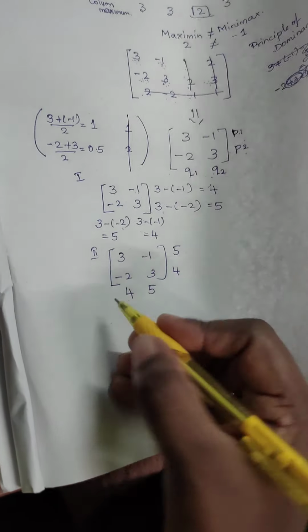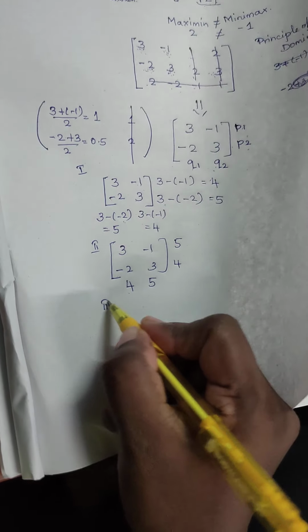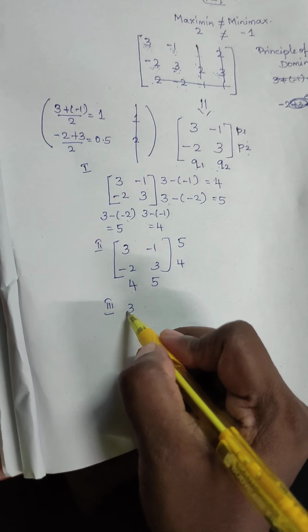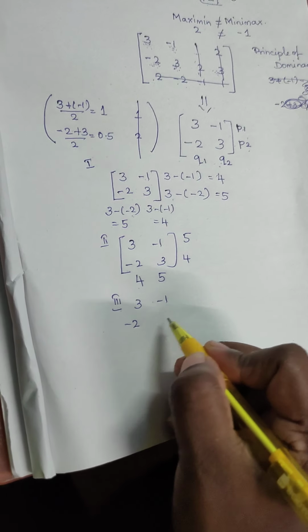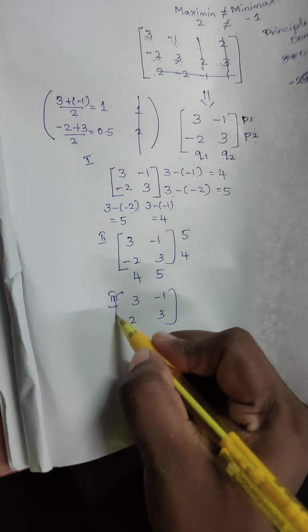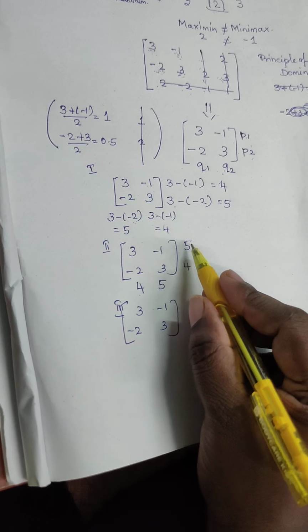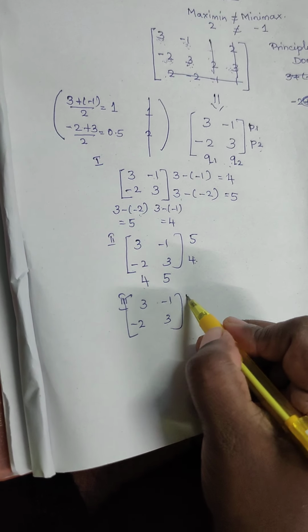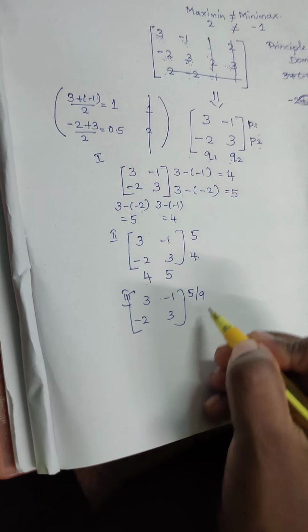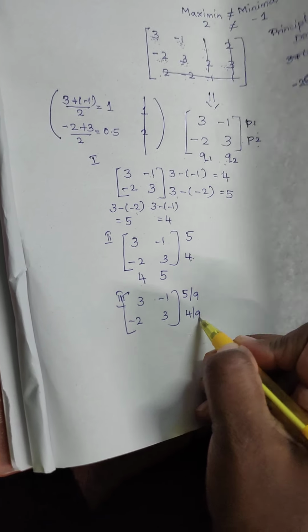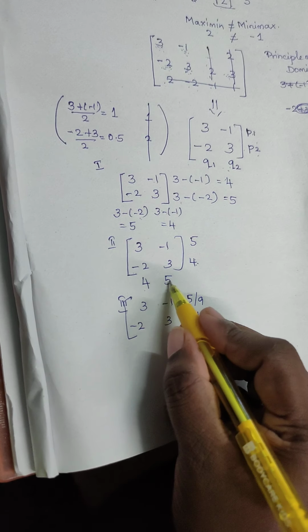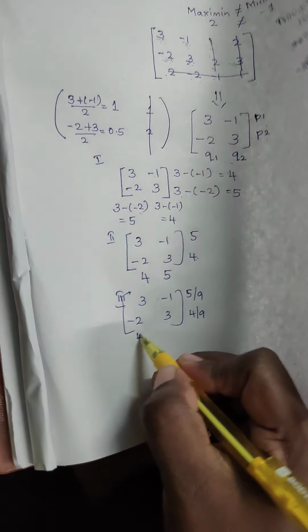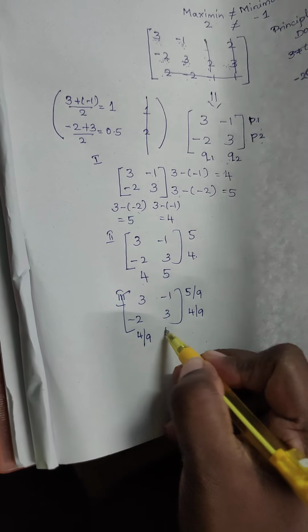This is the second step. Third step, I'm going to add these two numbers. 5 plus 4 is 9, so it will become 5 by 9, 4 by 9. Same, 4 plus 5 is 9, 4 by 9, 5 by 9.